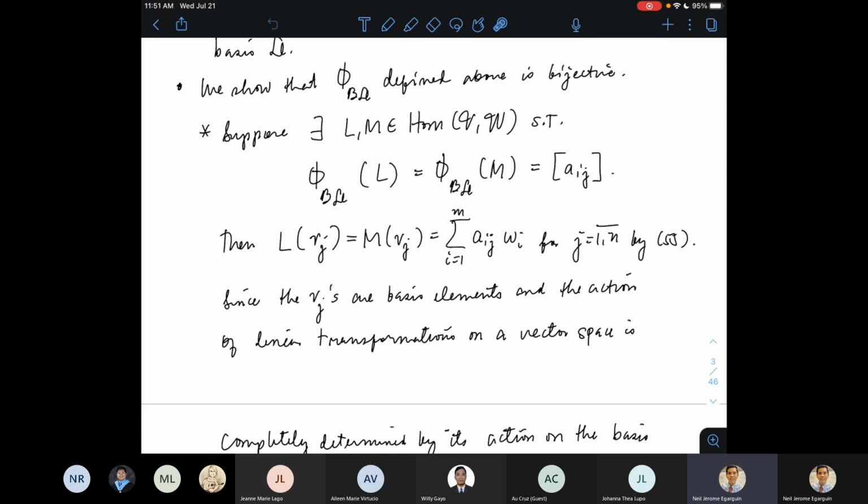But this statement over here tells us that L and M act on the basis elements of V in exactly the same way, right? And if they act on the basis elements in exactly the same way, therefore L and M must be equal to each other. All right? And that's how we conclude that phi is monic.